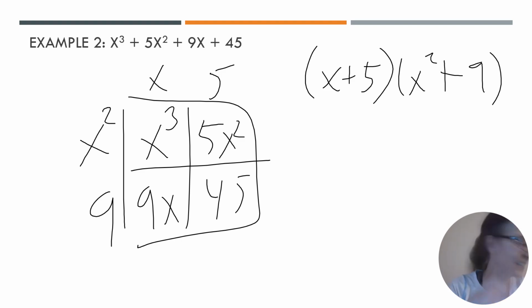Now, what was the mistake that I did? Okay, so let me see if I can fix it. I've got my scratch work off to the side here. So what I really wanted was this, and I'll try to edit the actual presentation. So I wanted those to be minuses, okay?